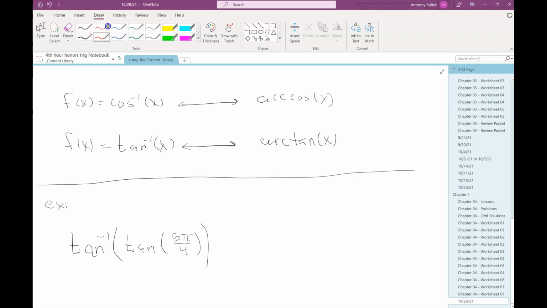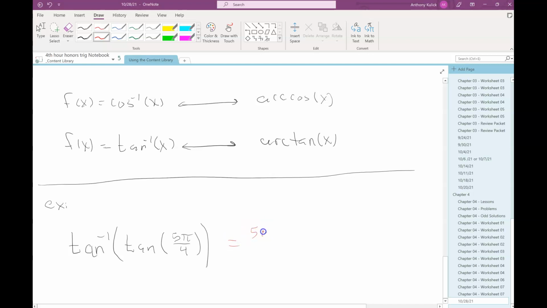If you want to convert that to arctan, the outside of the two parentheses would just be converted to arctan. You can do that if you want. That part doesn't really matter there. They cancel out.